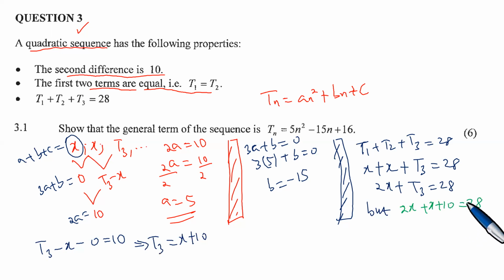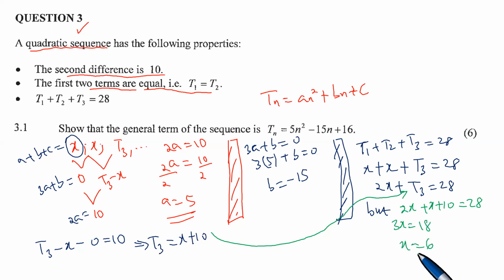We've just carried this forward and substituted in the place of T3, which gives 3x equals 18. You divide 18 by 3, you get 6.